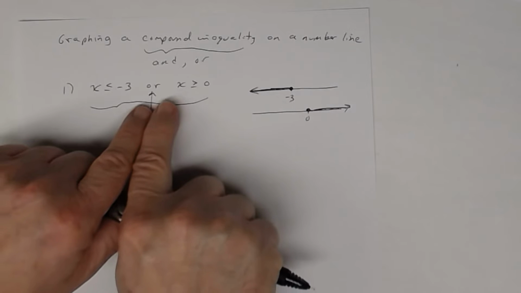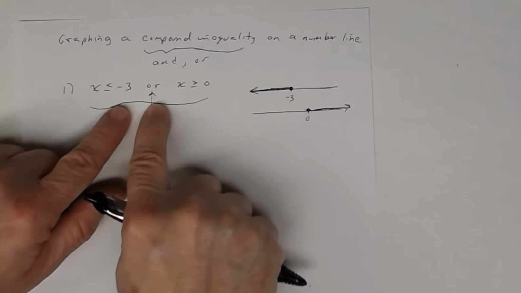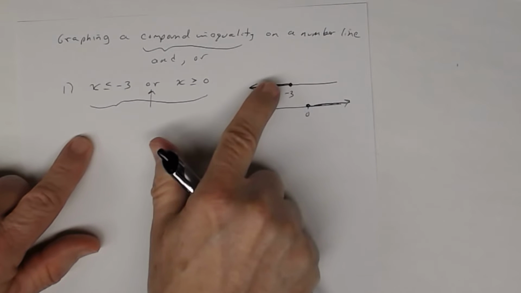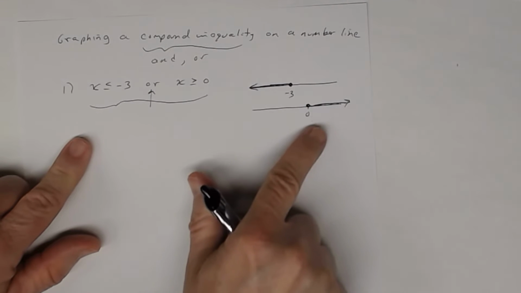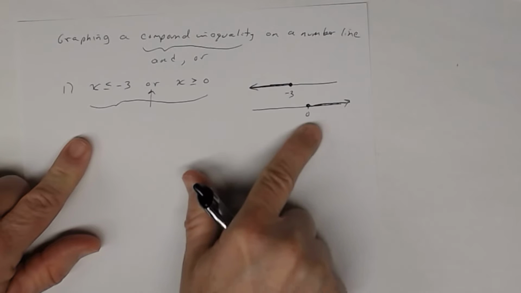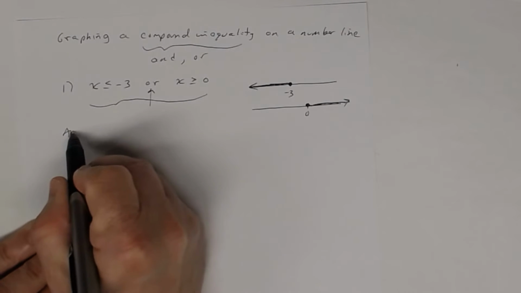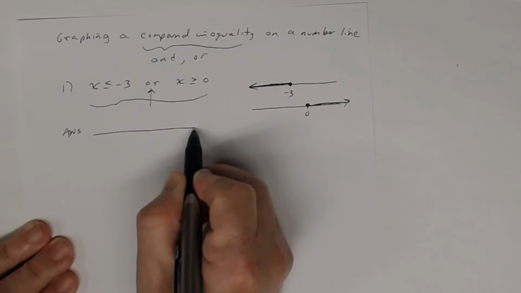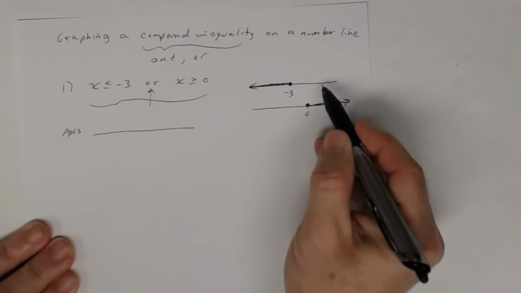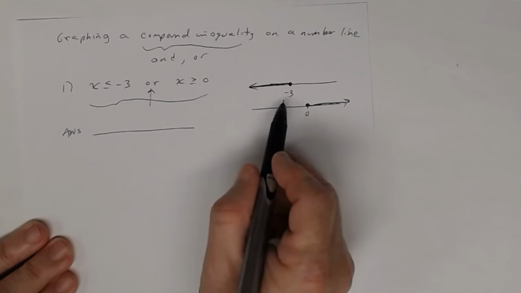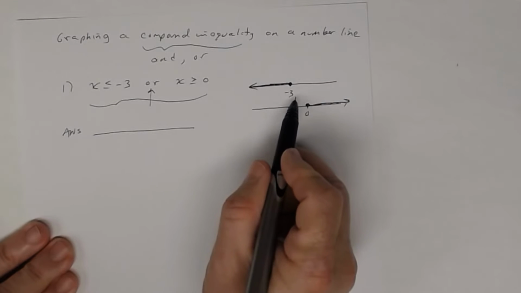So to graph a compound inequality, you're going to look at every part of those inequalities that are shaded in. Therefore your answer in terms of the graph will be this. You're going to combine those two into one graph. Make sure you put those numbers in numerical order.